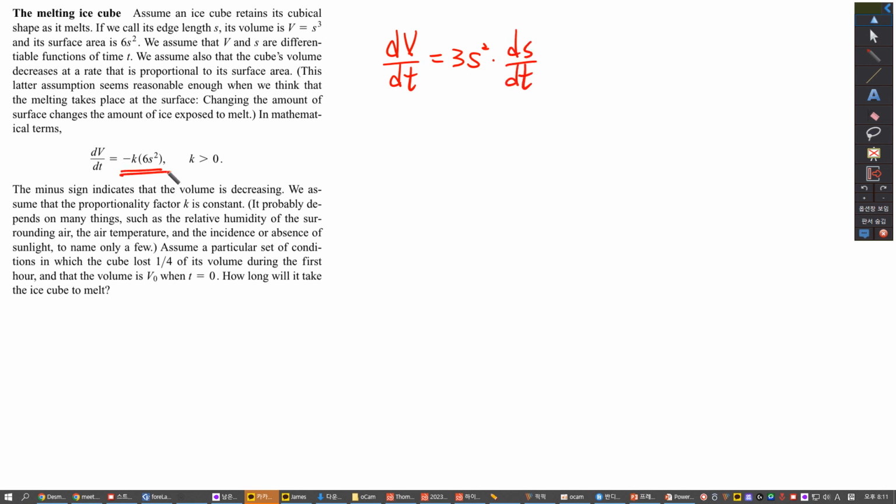And we have this equation, so that means this is equal to this minus 6k s squared. So we can cancel this s squared. That means, so now ds over dt is minus 2k.